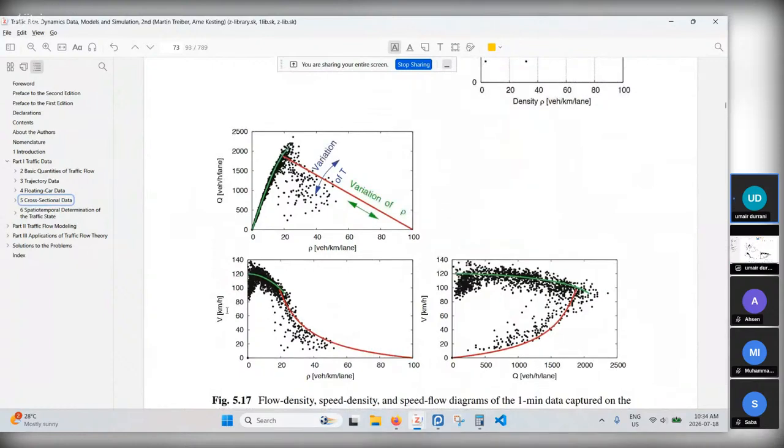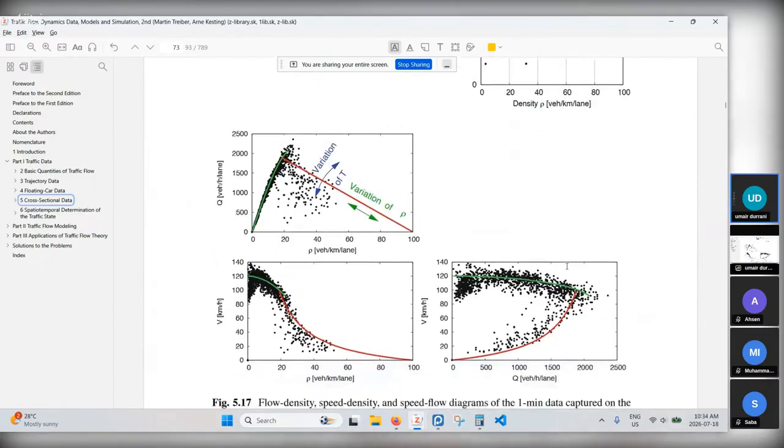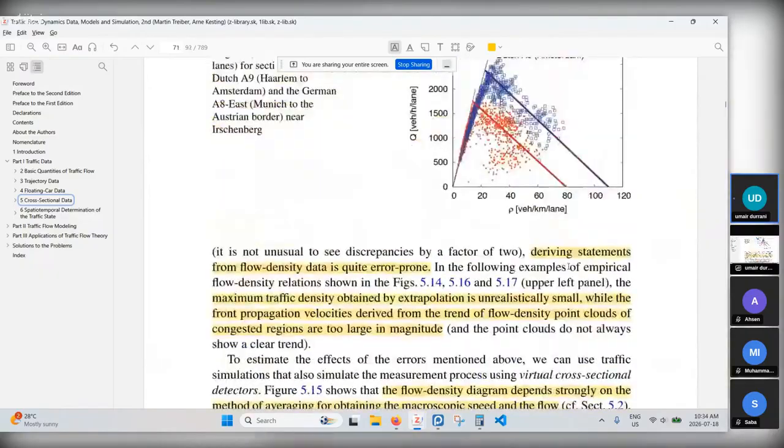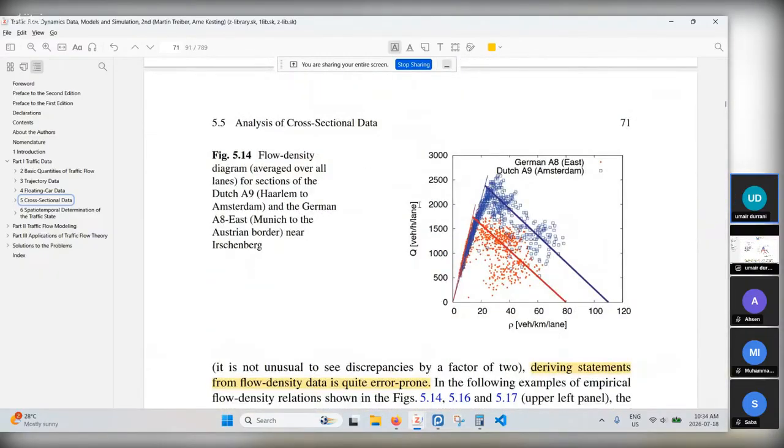So here we have the speed density diagram and also the speed flow diagram. And if we actually have fitted lines on the data, for example, we have this one where we have flow on the y-axis and density on the x-axis, and we have these lines which are based on fitting the mathematical model onto the data points.